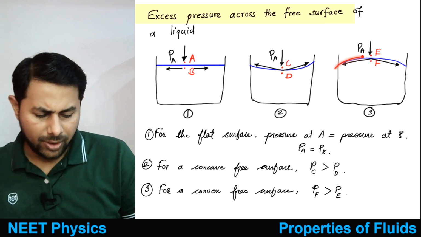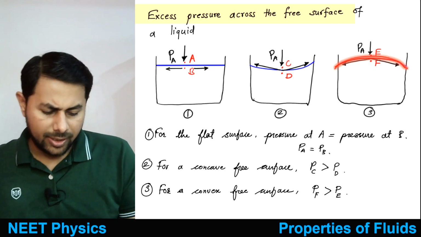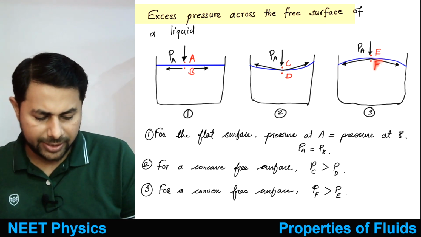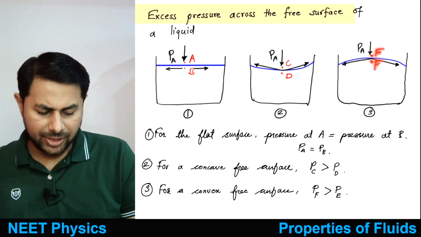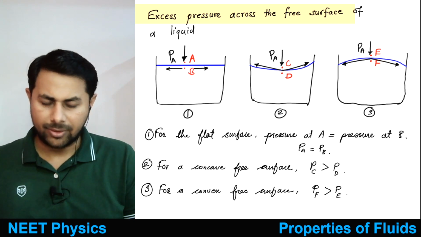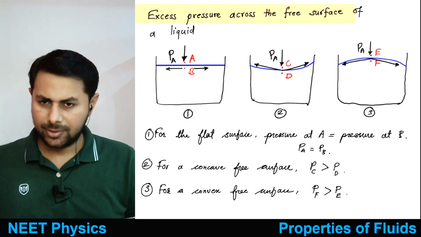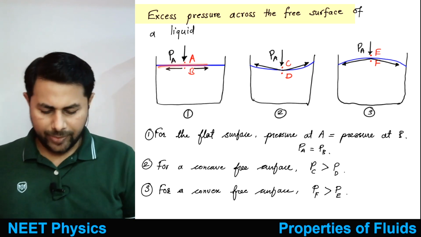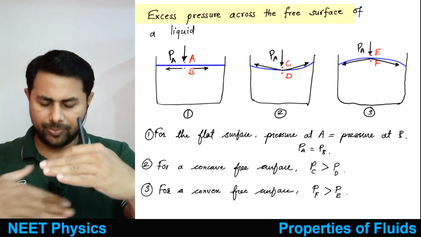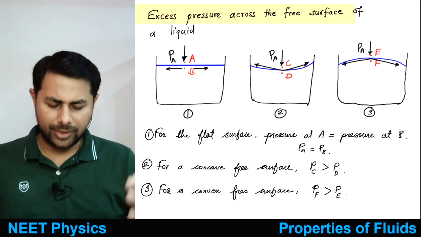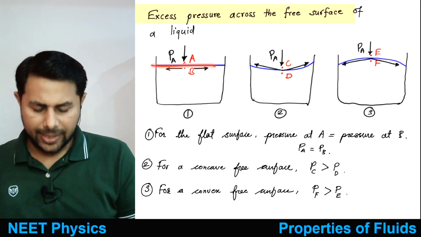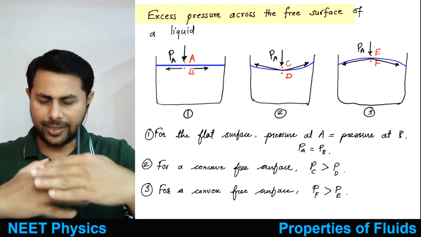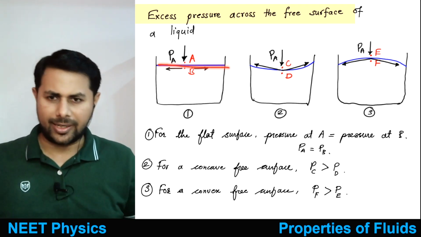And if you have a convex surface like this, the pressure on this side would be more compared to the pressure on this side. This point is F, this point is E. So pressure at F would be more compared to pressure at E. Let's remember it this way only. For the flat surface, pressure outside is equal to pressure inside, so the surface gets pushed equally from both sides, and that's why the surface would be flat.